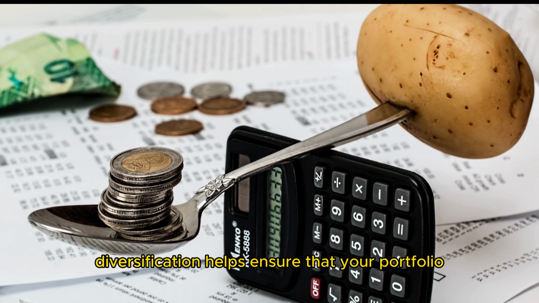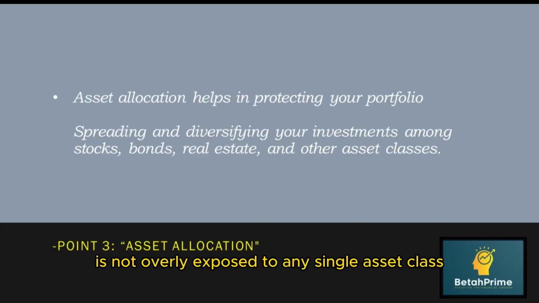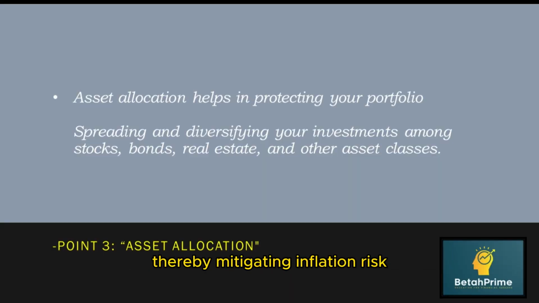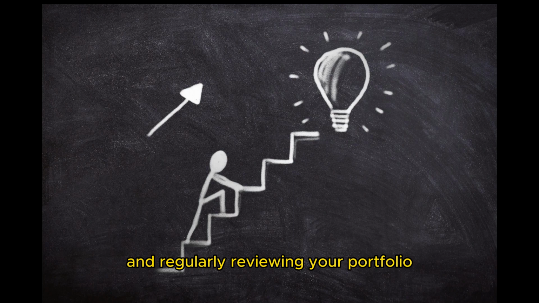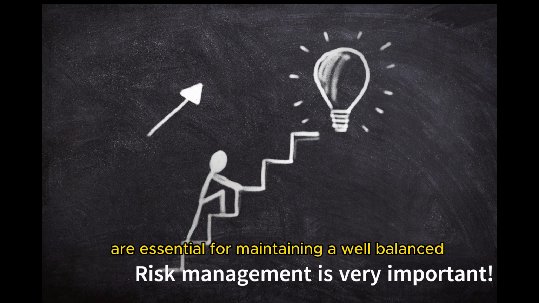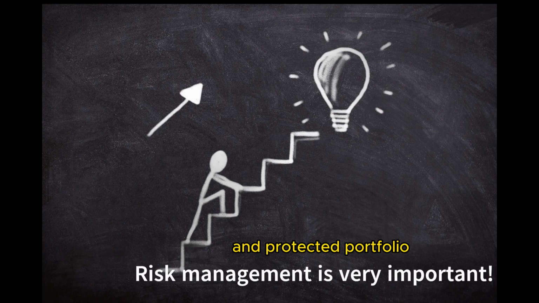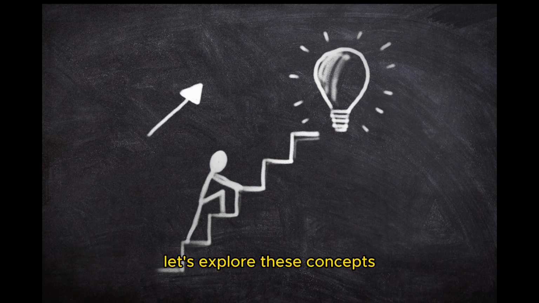Diversification helps ensure that your portfolio is not overly exposed to any single asset class, thereby mitigating inflation risk. Additionally, effective risk management techniques, such as setting investment goals and regularly reviewing your portfolio, are essential for maintaining a well-balanced and protected portfolio. Let's explore these concepts with some of the financial products further.